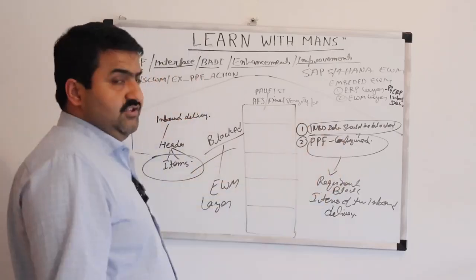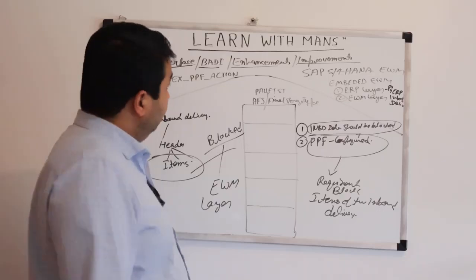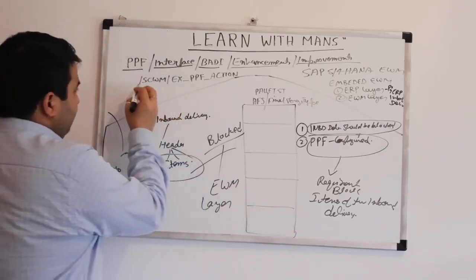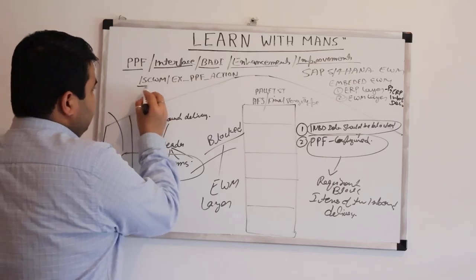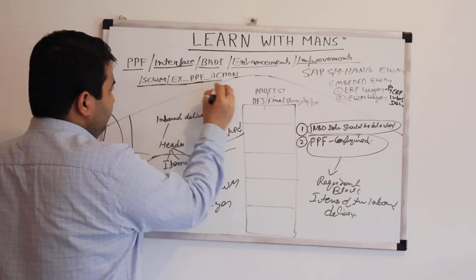In that business situation, we need to implement one BAdI. The BAdI name is /SCWM/EX_PPF_ACTION, supply chain warehouse management, post processing framework action.